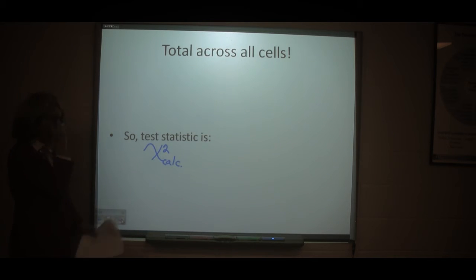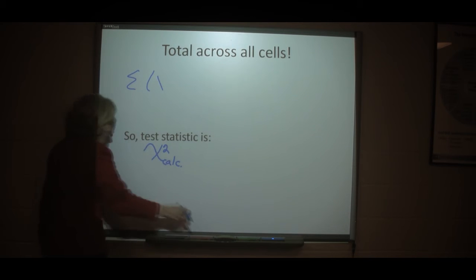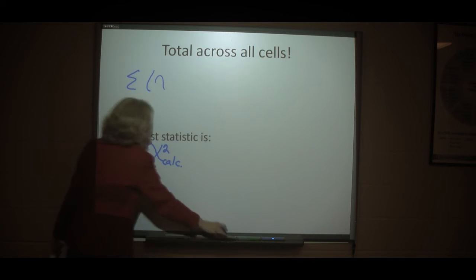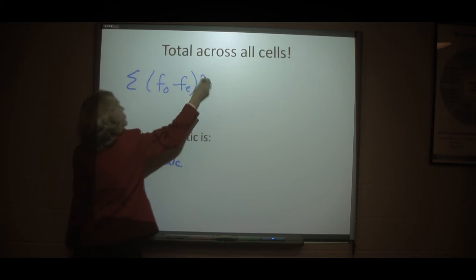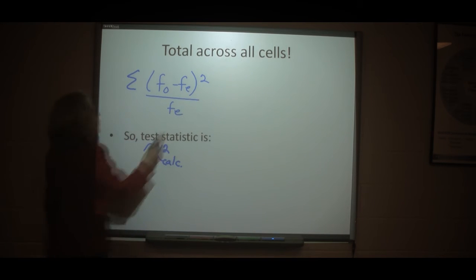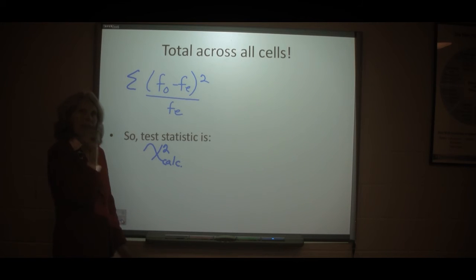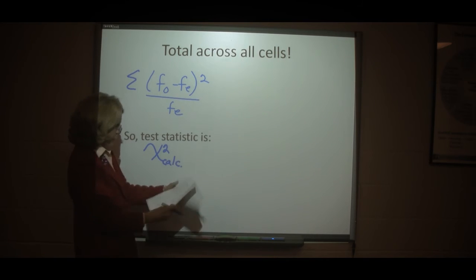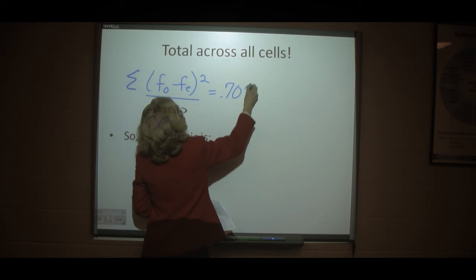Now, if you add up all of the calculated statistics for each cell in that table, and you should go ahead and calculate those, then that equals 0.709.